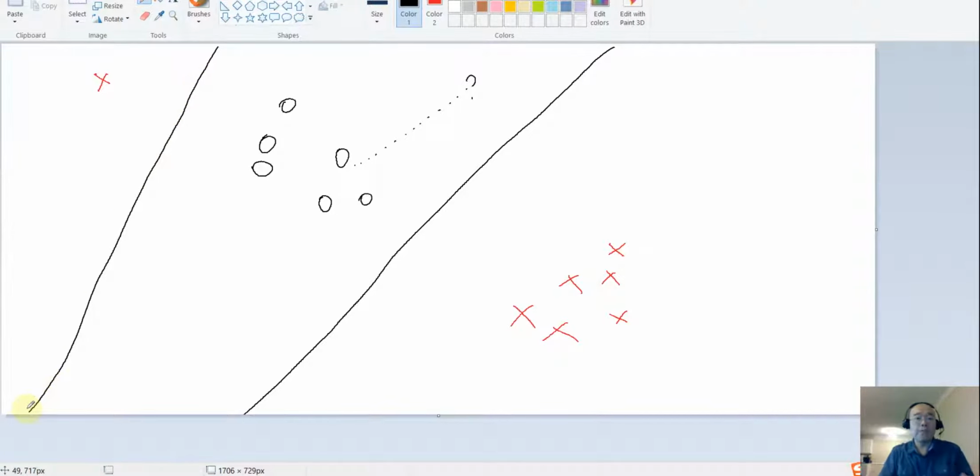Eventually all the samples on this side of the decision boundary will be considered red, and all the samples on the left side of this decision boundary will be considered red again. Does this really make sense to you or not?